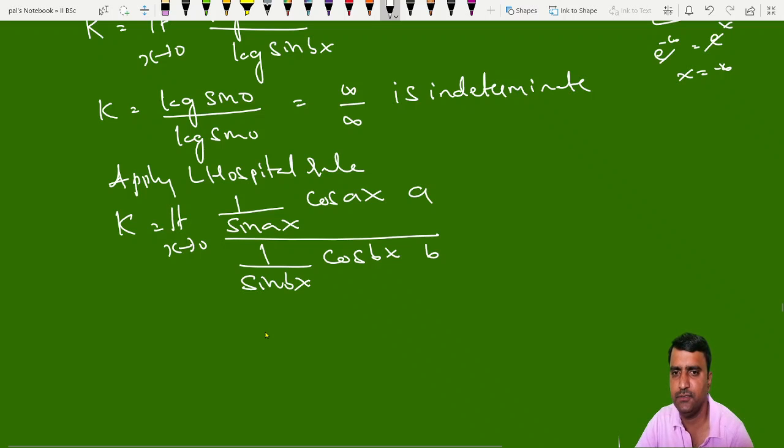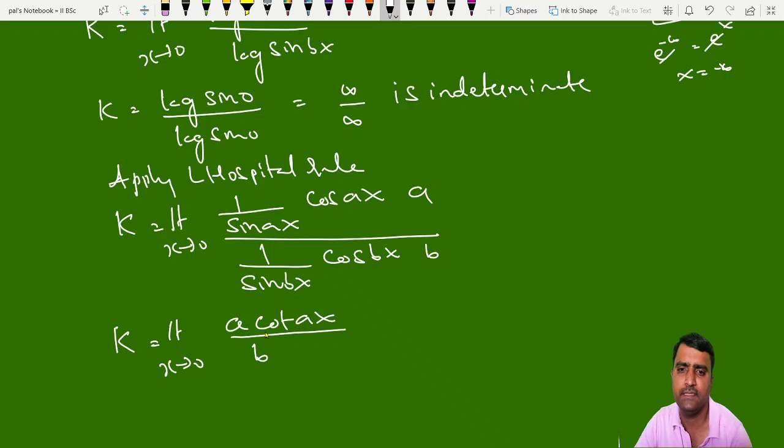Now k is equal to limit x tends to 0 of a cot ax by b cot bx, since cos ax by sin ax is cot ax.